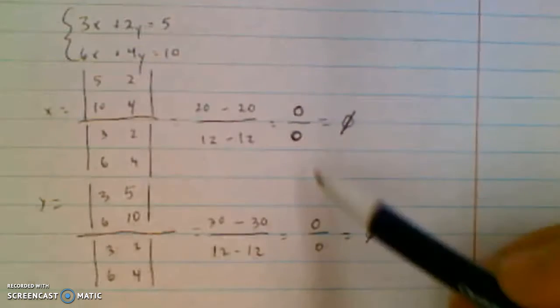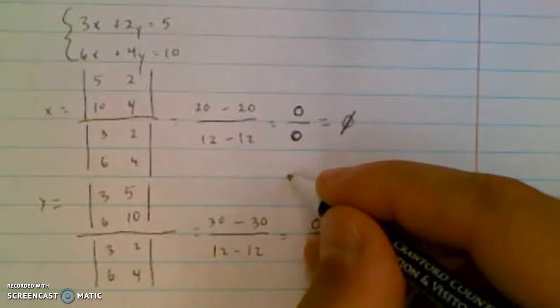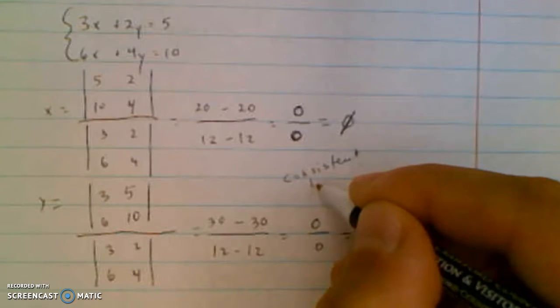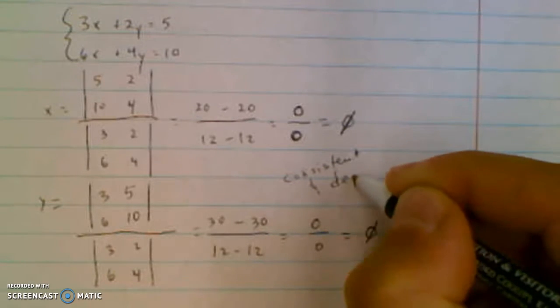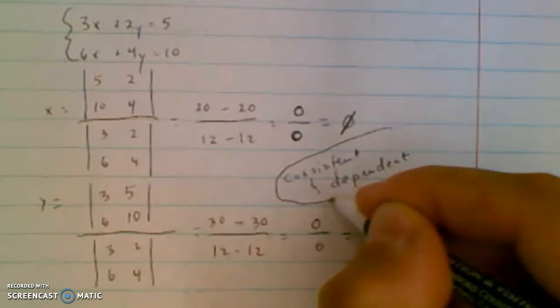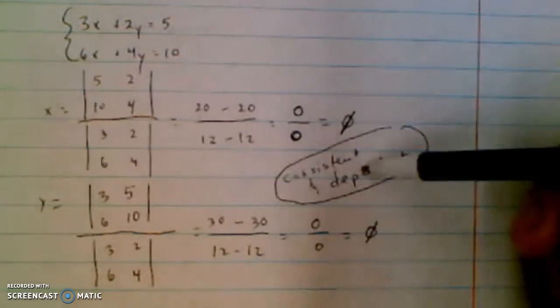So, in this case, when we get 0 over 0, not some constant over 0, but specifically 0 over 0, this is consistent and dependent. So this is the case, and you may have recognized, we should probably look at the previous example with that as well, but this is a case where the lines overlap.